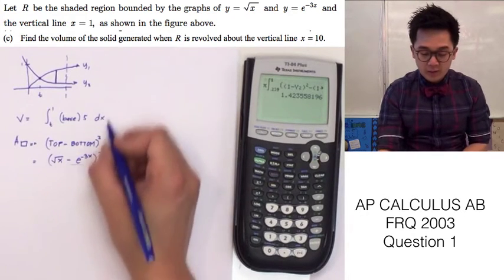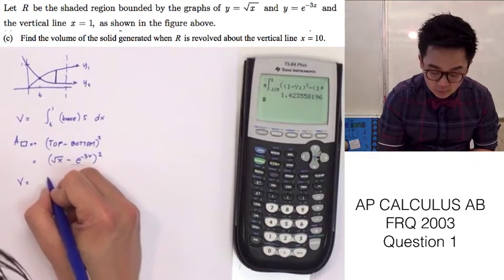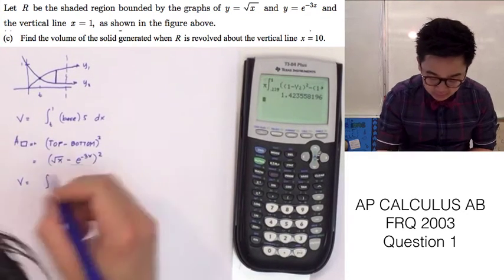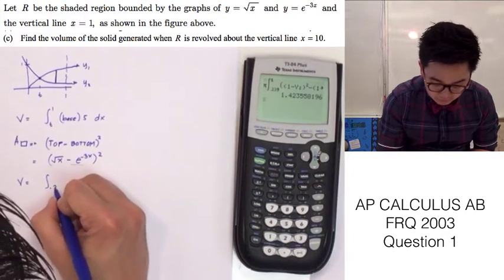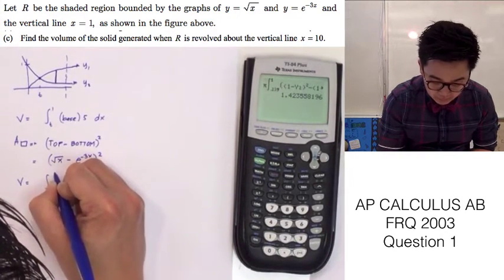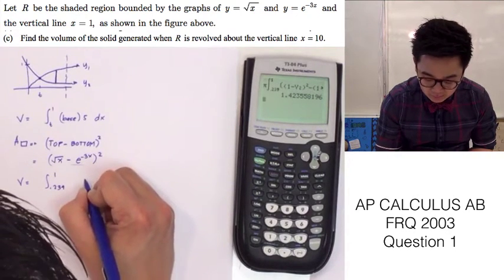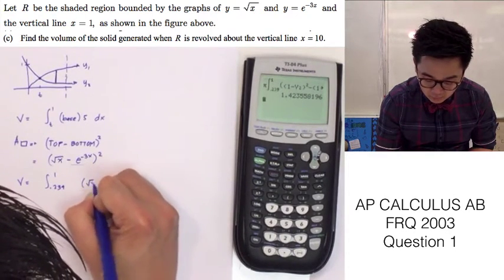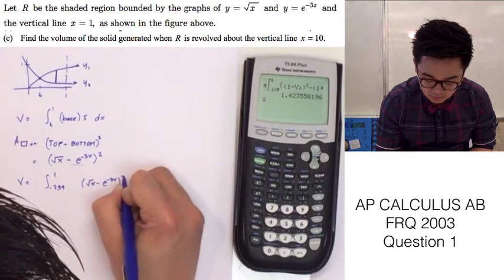Now, to evaluate the volume of our figure, it's going to be evaluated from t, which is 0.239, up until 1, and the base, which is square root of x minus e to the negative 3x, squared.